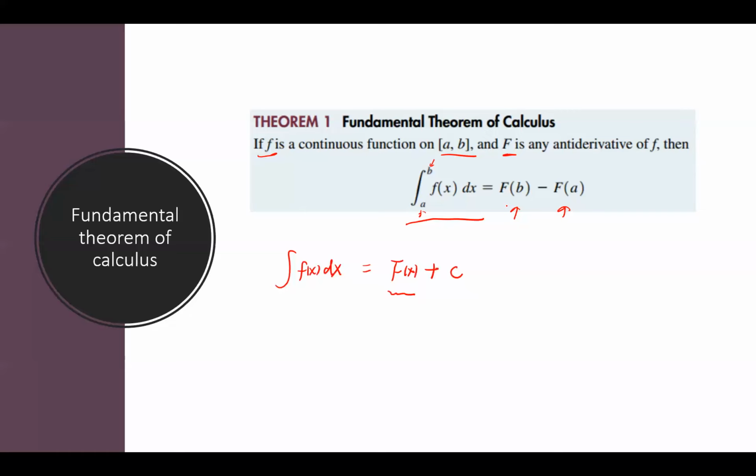Then you can just evaluate this function at the start point and end point, and take the difference. Sometimes it's also expressed as F of x with a vertical bar, to express that we're going to take the difference between b and a, these 2 points. So this is simply it. Okay, let's get some practice.